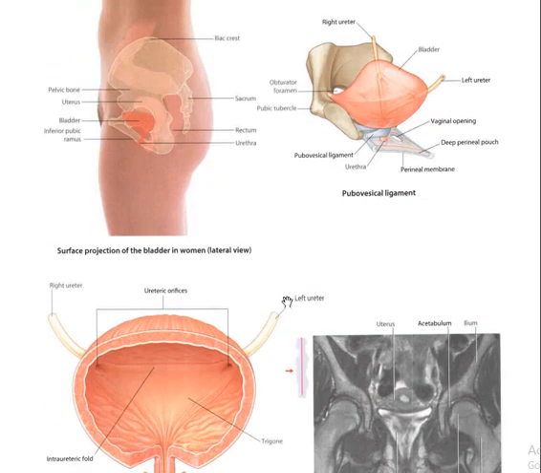Now let's visualize the bladder in females. In females, you see that there is no more prostate gland, and there is also going to be a vaginal opening, which is going to open through the perineal membrane.